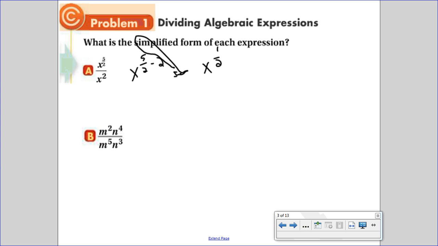What do we have if we have m's and n's, so we have different bases? We use the same rule, but only the m's go together. So what's m squared divided by m to the 5th? It's m to the 2 minus 5, so we get m to the negative 3rd.